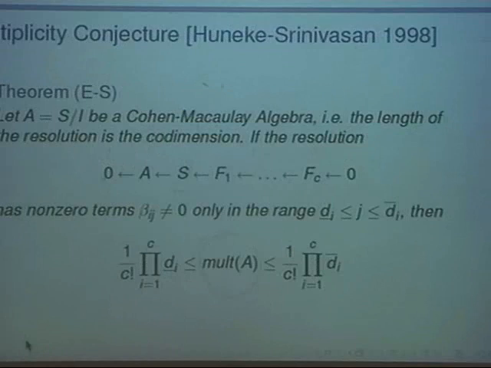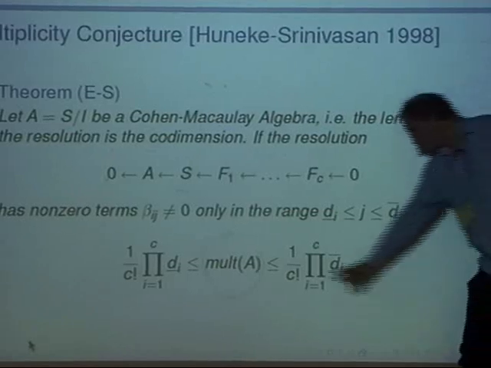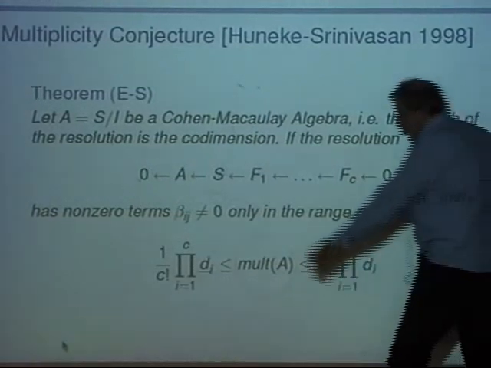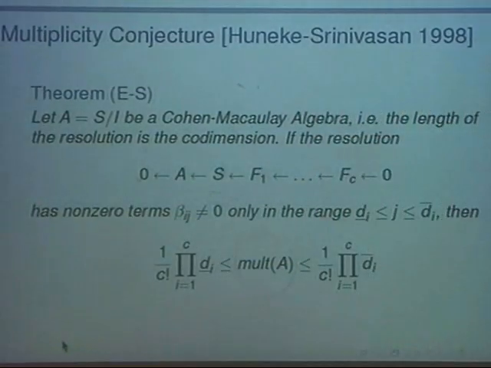So here is the conjecture which started Boij and Söderberg in their marvelous approach to Betti tables. Huneke and Srinivasan conjectured that we can estimate the multiplicity of an algebra just by the degree range of the beta_ij. Suppose beta_ij is non-zero only in a range from d lower i up to d upper i.